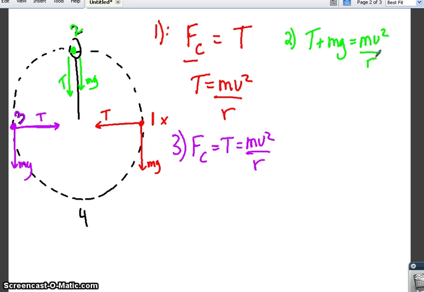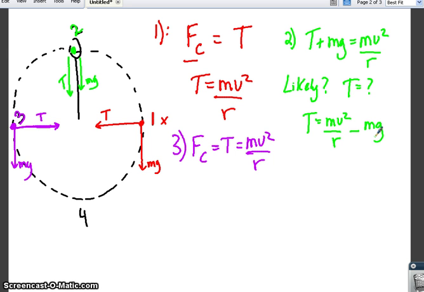Now, the most likely question we're going to get is, what is tension? Well, based on that equation right there, tension equals mv squared over r minus mg. T equals mv squared over r minus mg.